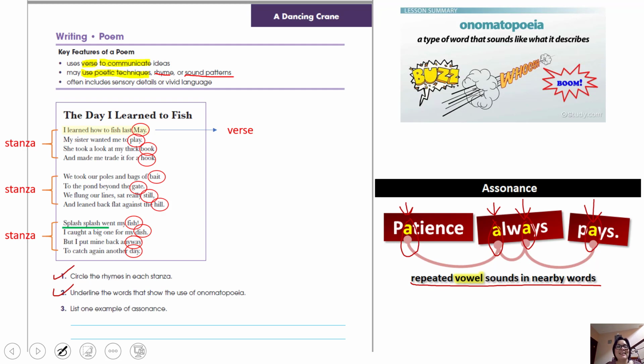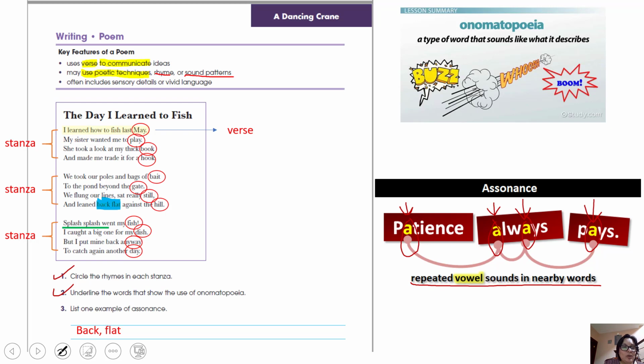Okay? So let's see in the poem, where can you find an example of assonance? Look, for example, in the second stanza, the last verse. Second stanza, last verse. Here we have back and flat. Why do you think this one is an example of assonance? Because if you say back, flat, what vowel sound is being repeated?